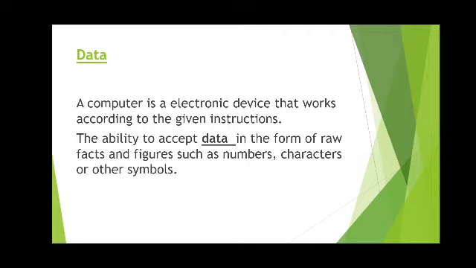So the computer has the ability to accept data in raw form. For example, we give numbers for addition, subtraction, characters and other symbols, and it gives us the output.